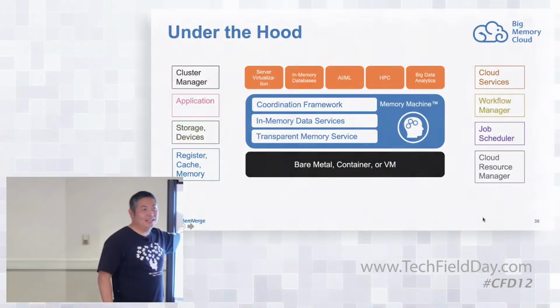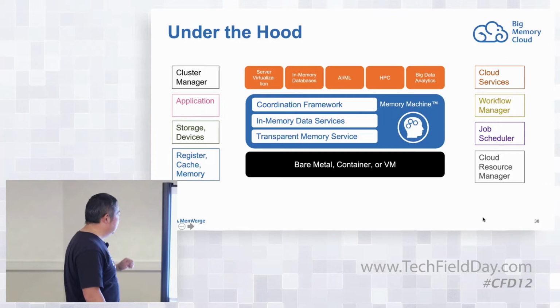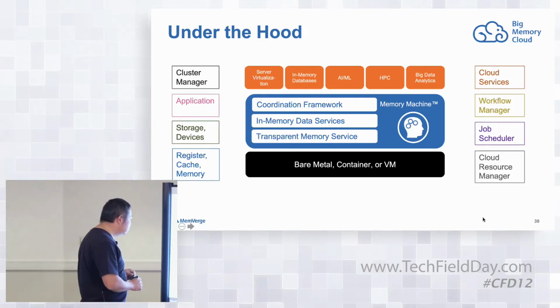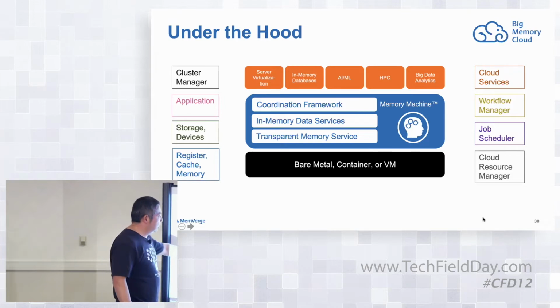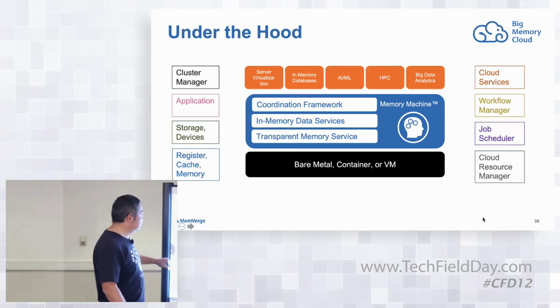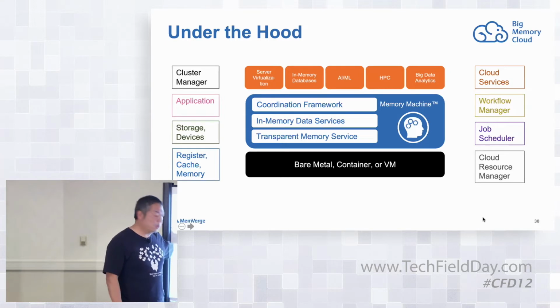This is a slide that I think hopefully answers your question. Let me back it up, and I promise I'll come back to your question. This is a slight addition to what Charles has shown earlier in the presentation. Under the hood is this coordination framework.